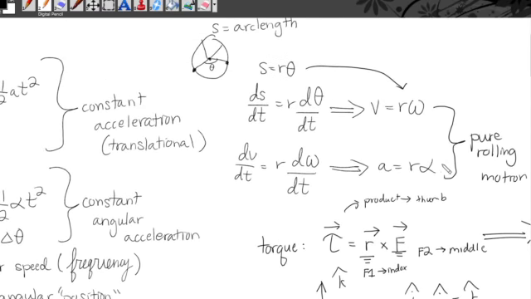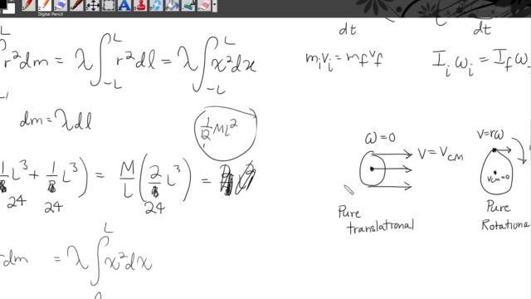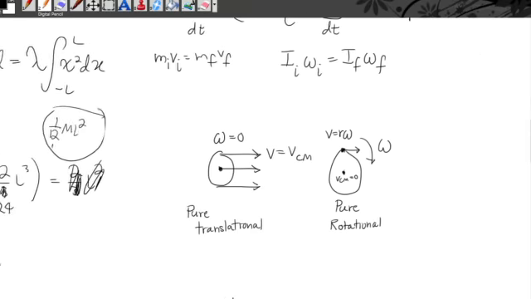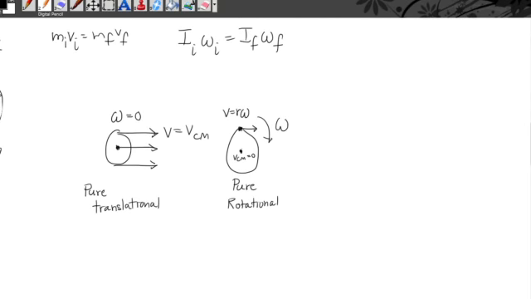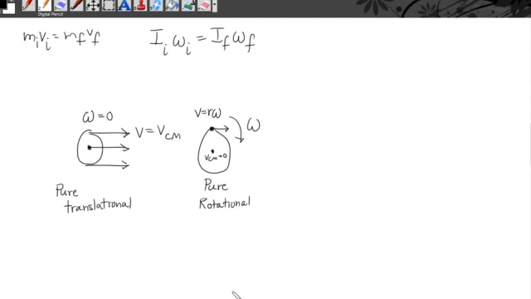This only works for pure rolling motion or pure rotational motion. And here it's also moving, but it's moving the other way, also at v equals r omega.